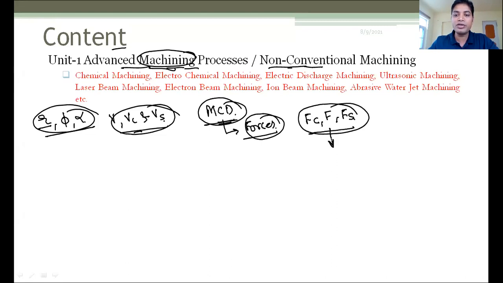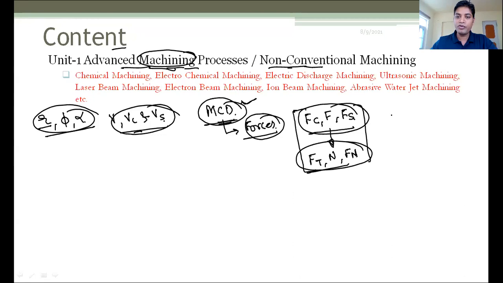And perpendicular to Fc is Ft, the thrust force; normal to the friction force is N; and normal to the shear force is Fn. So we studied the mechanics of these 6 forces in the Merchant circle diagram. On the basis of that, we also use the relation angles phi, alpha, and beta, where beta is the friction angle. On the basis of these combinations, we derive the relationship between these forces. So that we have studied.